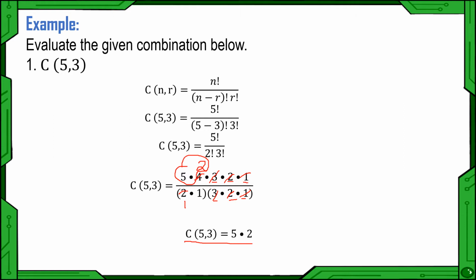We do not write 1 in our denominator because the only remaining number is 1, so we do not have to write it over 1. So combination of 5 and 3 is equal to 5 times 2. So what is your answer? Very good. So this is equal to 10.